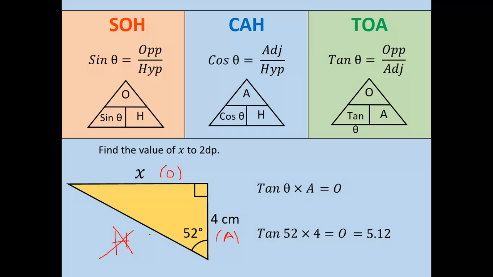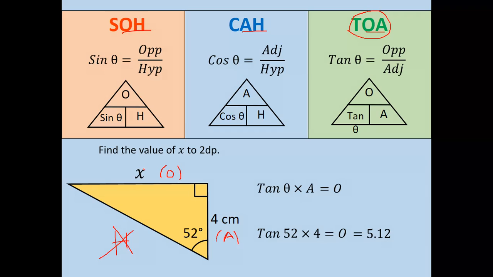So we don't require this. SOH, CAH, TOA. So we have to select the ratio TOA, which is tan.